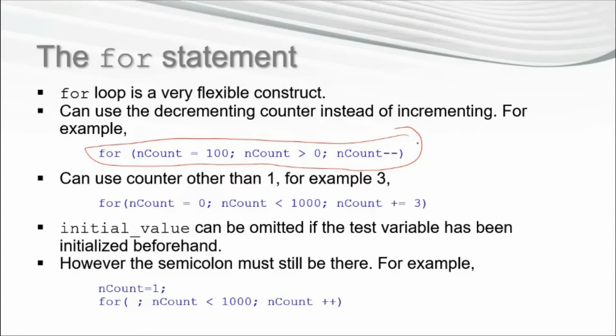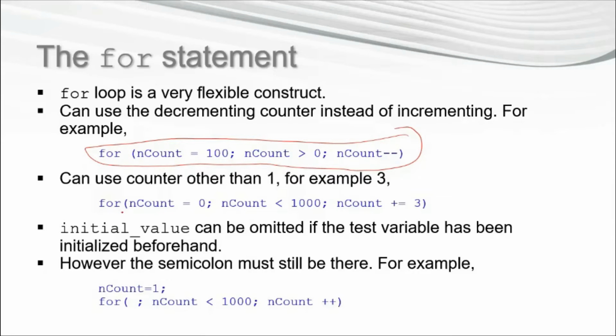Till now we have seen the increment operator add 1 to the variable, and the decrement operator subtract 1 from the variable. But the counter can be any integer value; it can be greater than 1 or less than 1, no problem.